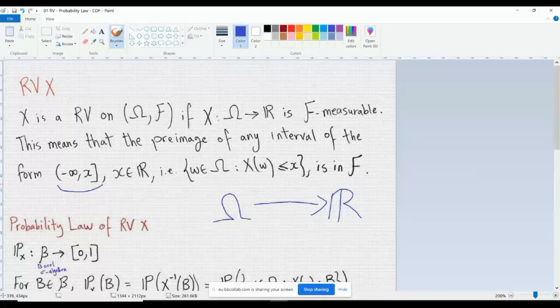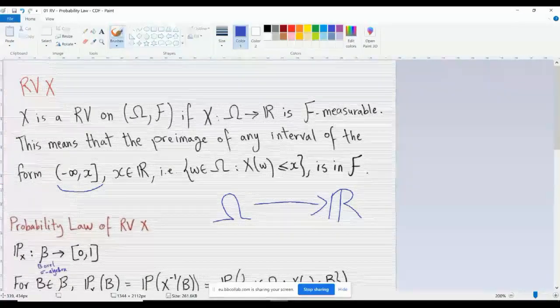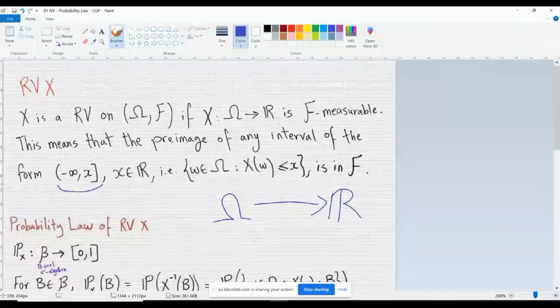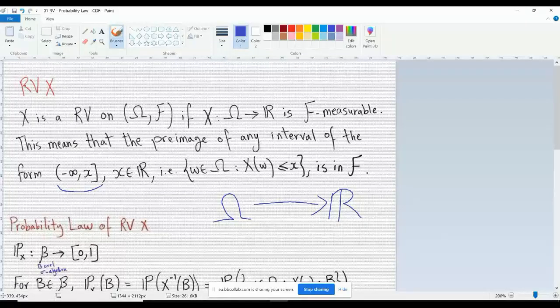If you show that the pre-images of those intervals for every small x in R are in the sigma algebra, then there is a proof that for every Borel set you can think of, its pre-image will also be part of the sigma algebra.